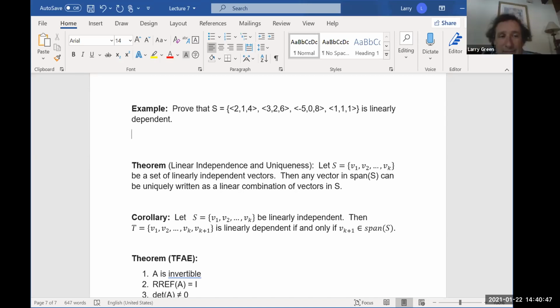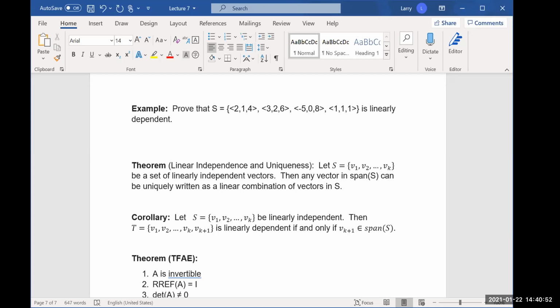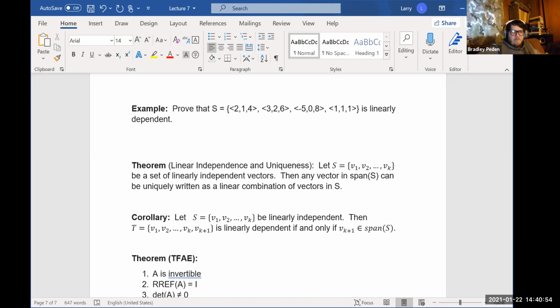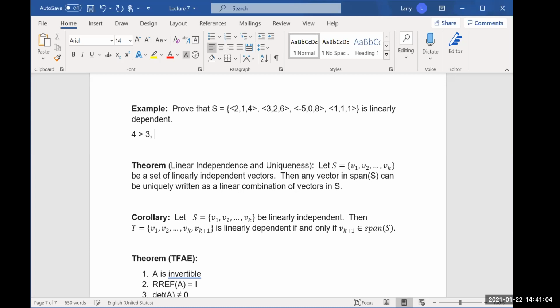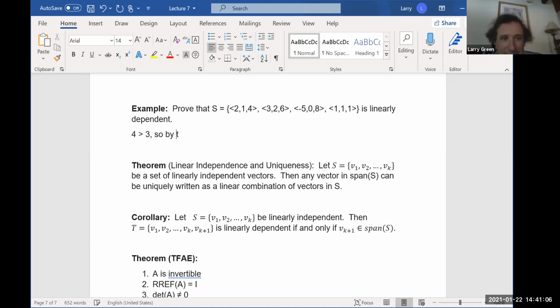What's K? K is 4. 4 is greater than 3. So by the too many vectors theorem.